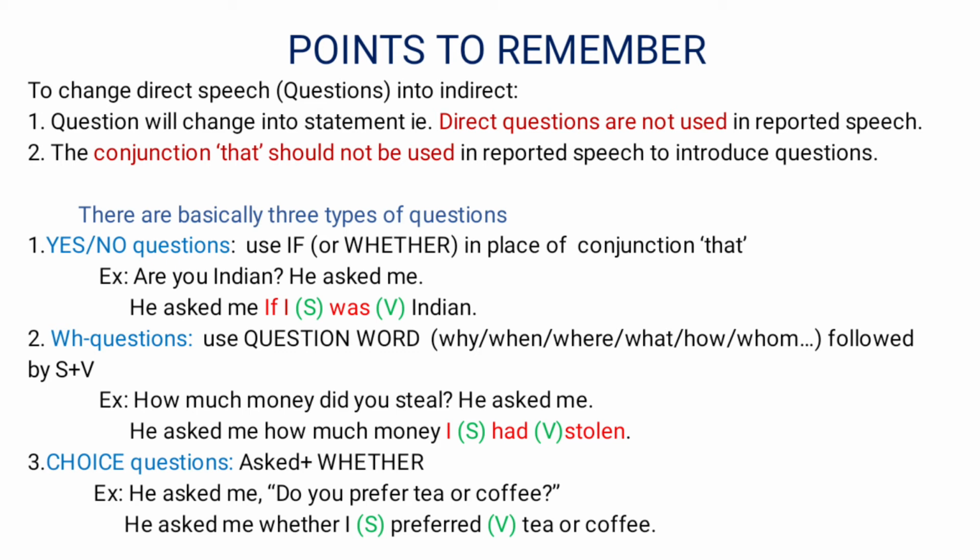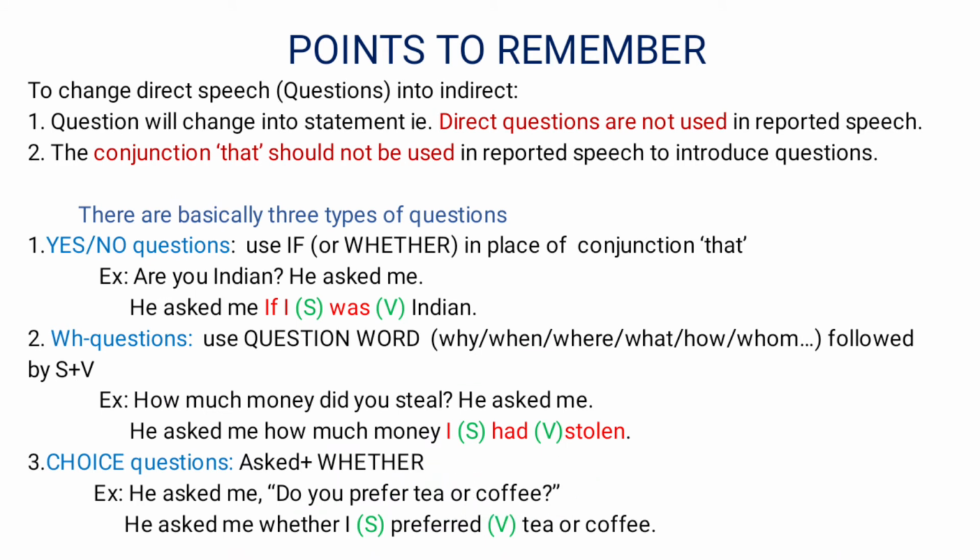Third thing is choice questions. Now, to report choice questions, we need to understand what choice questions are. These are also called closed-ended questions, where the answer options are already provided, or you can say a choice is being provided. Now look at the example. He asked me, do you prefer tea or coffee? So a choice has been given between tea or coffee.